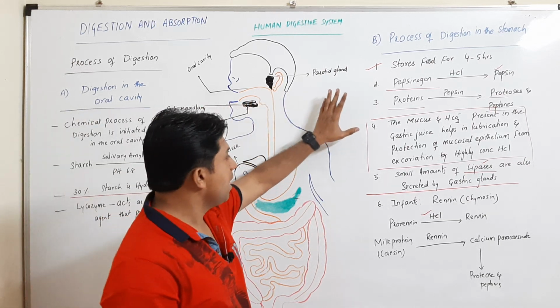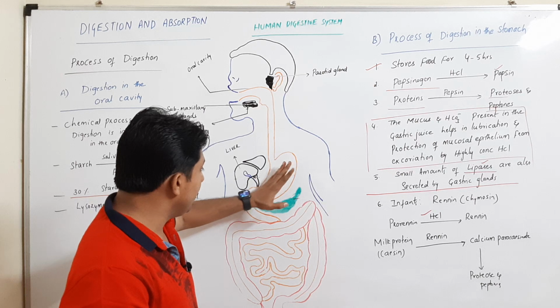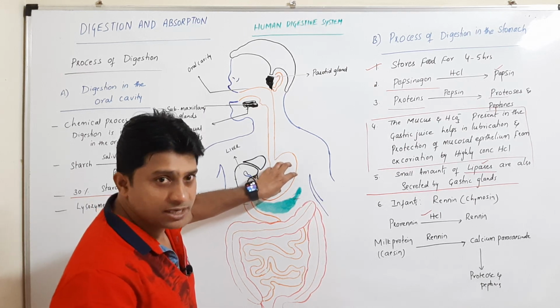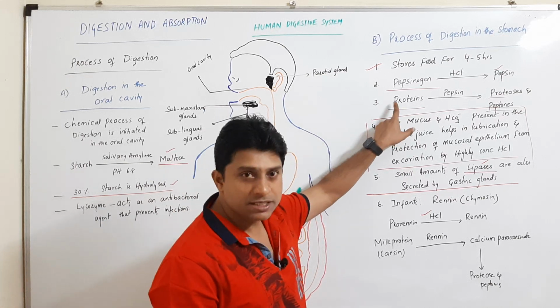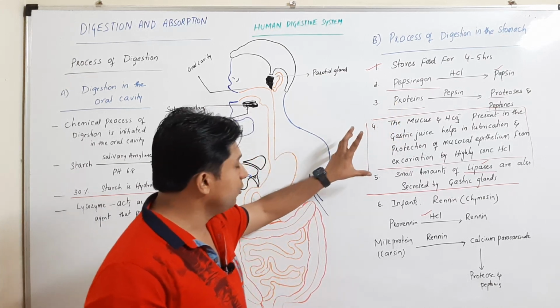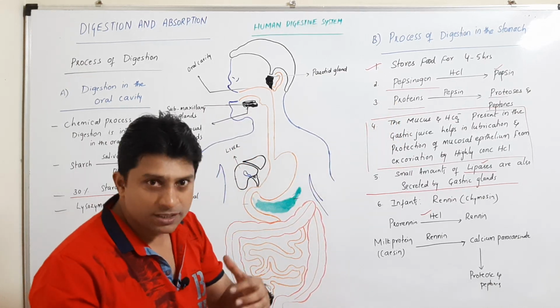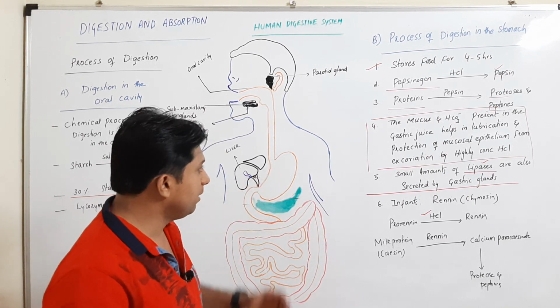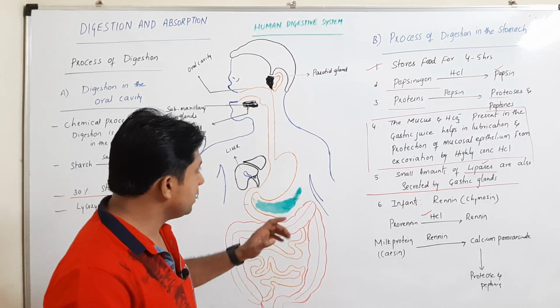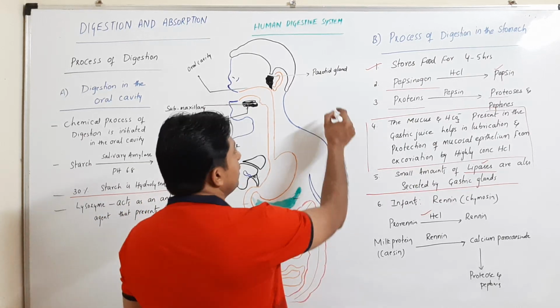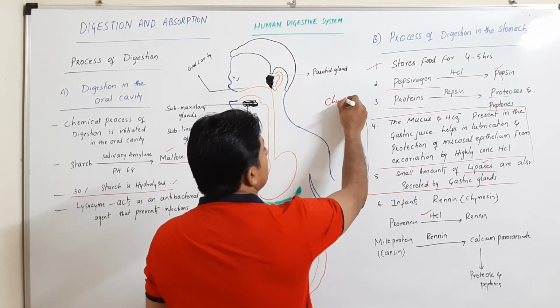So as a result, when the food leaves the stomach, the carbohydrates as well as the proteins are partially digested, and the food is moistened with mucus in the stomach and becomes acidic. Such an acidic semi-solid food in the stomach is called chyme.